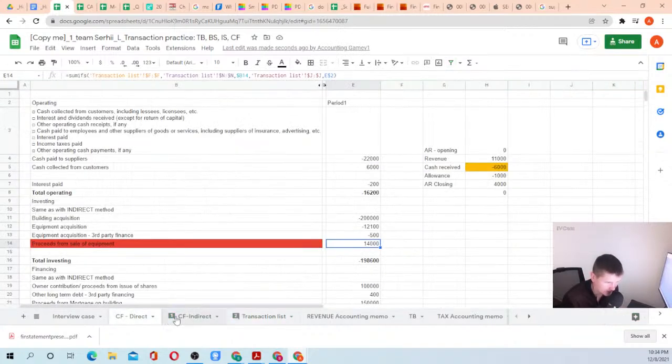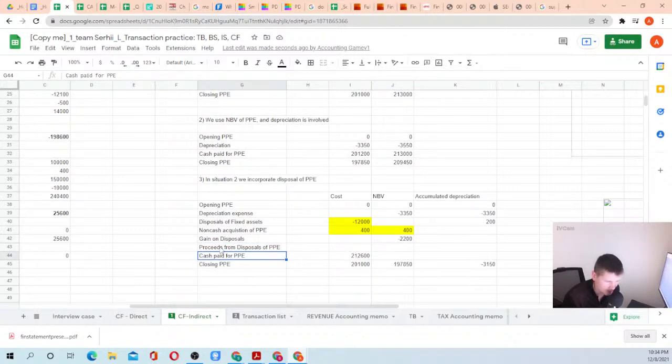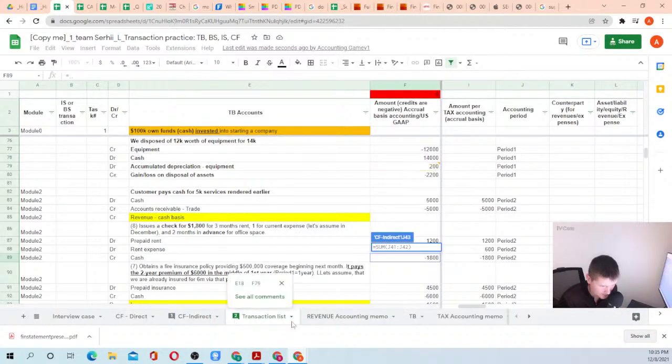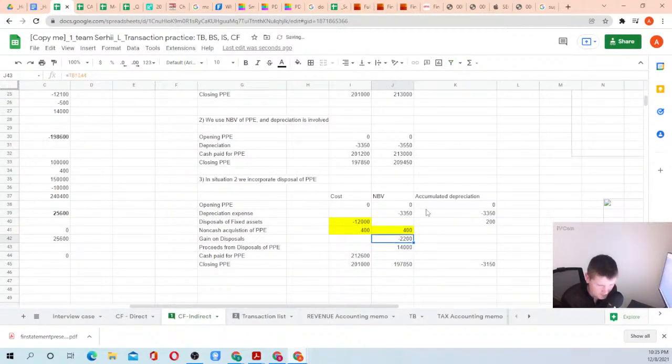Okay, let's come back here. Proceeds from disposals. So we know that we have 14,000 of proceeds, and that number is also from our transaction list. Let's go find it here. 14,000, and so gain should probably be positive, 14,000 should probably be negative.